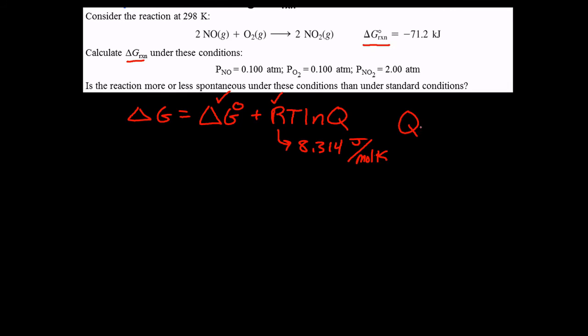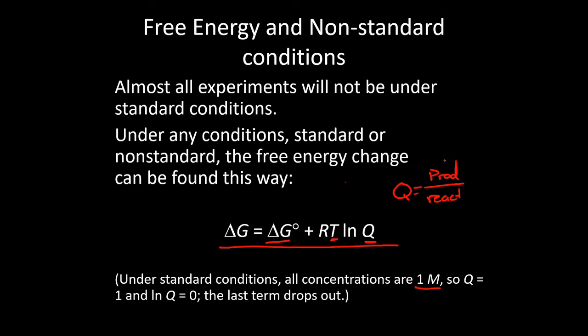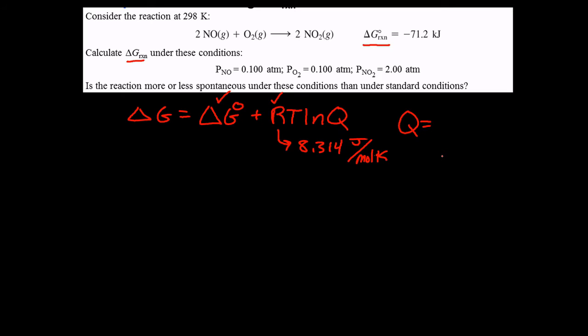And so really the only thing that we need to work out here is Q. Q, if you remember from the previous slide, is products over reactants, and we're going to raise their concentrations, or in this case their pressures, to their coefficients.